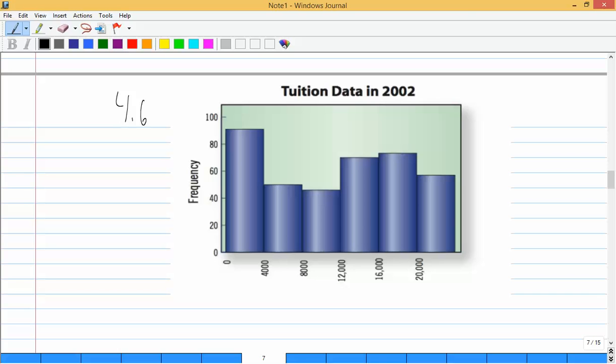Histograms are outstanding at defining the shape of data. So if we have a histogram, it's easy to tell if the data is going to be uniform, or skewed to the left or skewed to the right, or bell shape. So that is something histograms are good for.